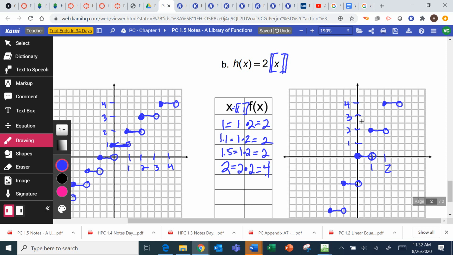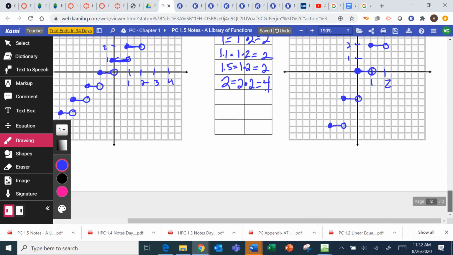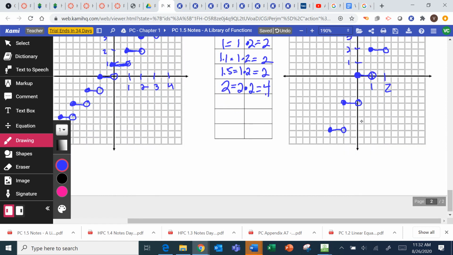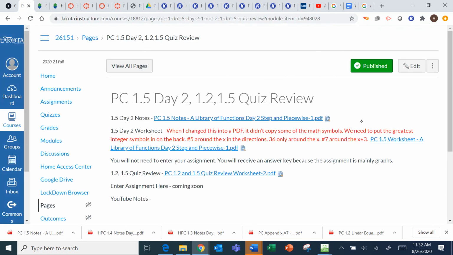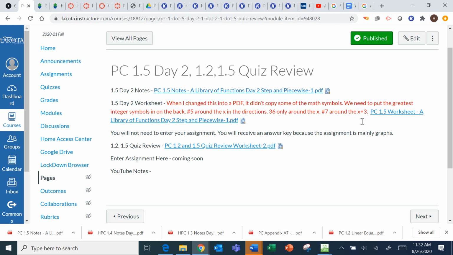So this is the last section of what we're going to have for our quiz. On our modules for today, there is a worksheet, and I wrote in red so you don't miss it how we were missing those greatest integer brackets. So I told you where they need to go.